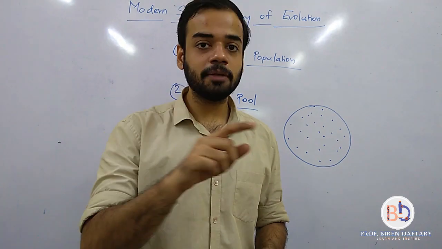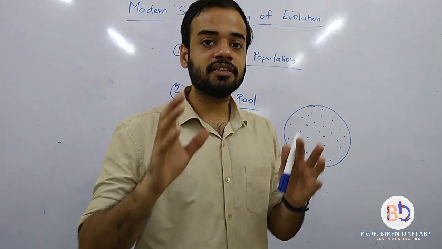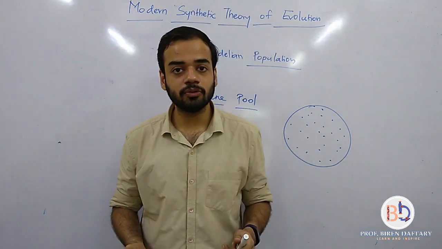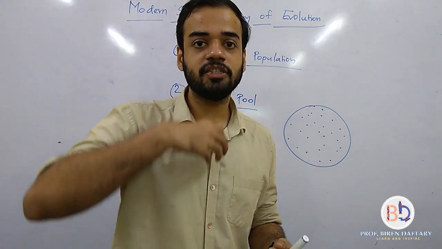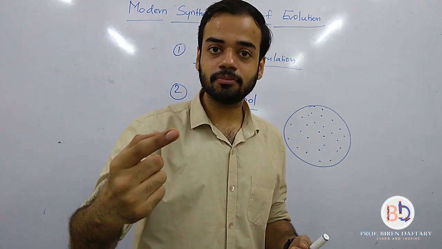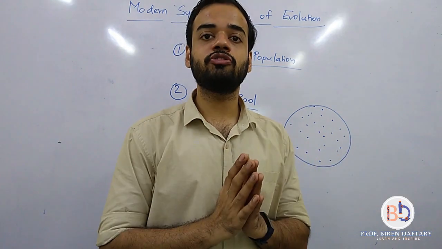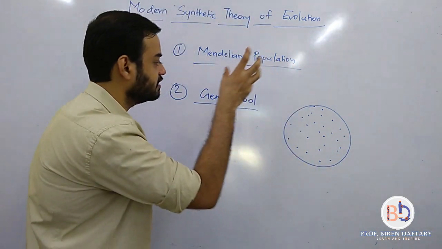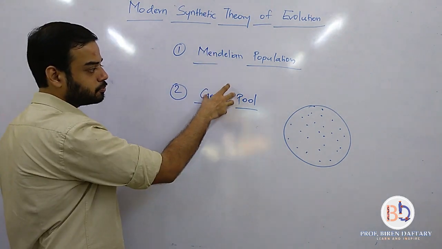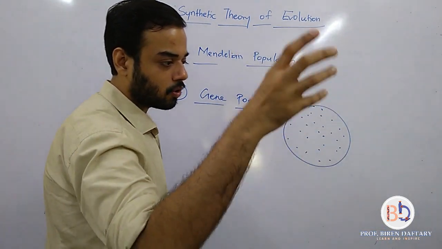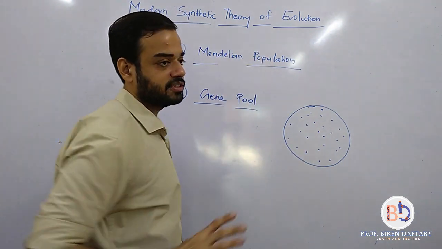So total, how many people are there in the classroom? 31. If I say calculate the gene pool of the classroom, then what will you do? Very simple. I will have a certain number of genes, you will have. So each person will have a certain number of genes. The total of all those genes together is called the gene pool. Is this clear? So gene pool is the sum total of all the genes present in a Mendelian population.